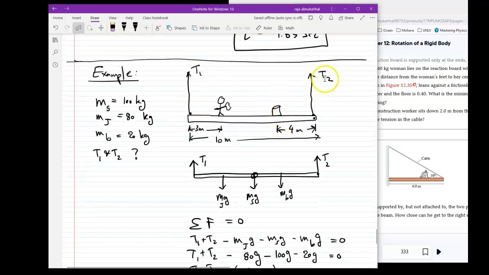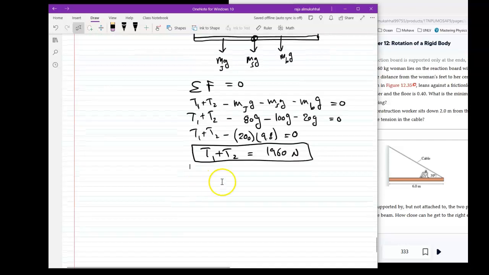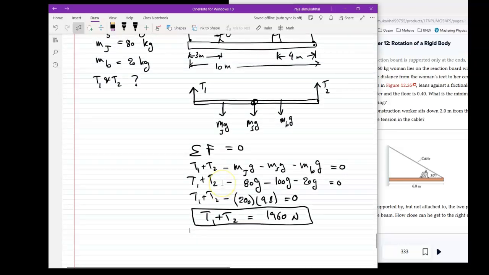So as you can see, there is a problem with F equals ma, or the sum of the forces equals 0: it doesn't always give me the answer that I need. That's why I have to appeal to the torque equation, tau, to solve this problem.